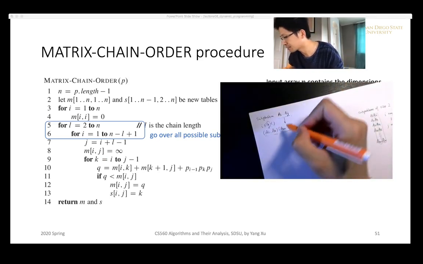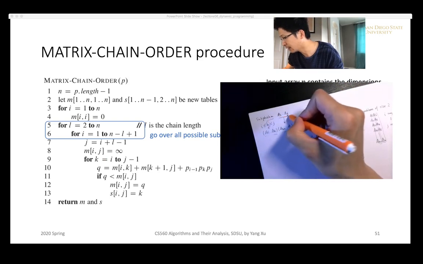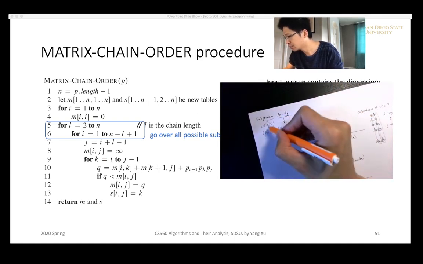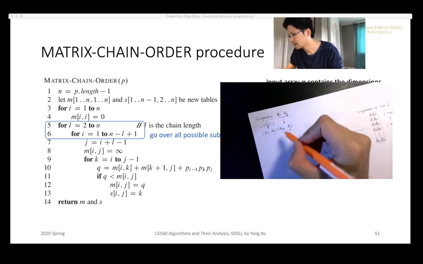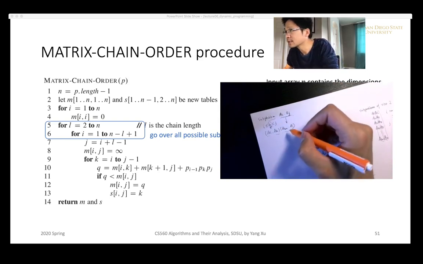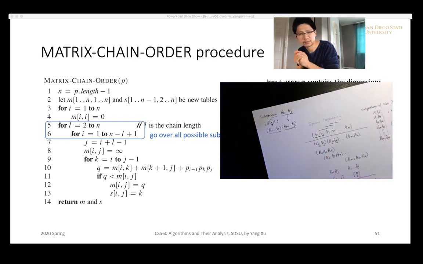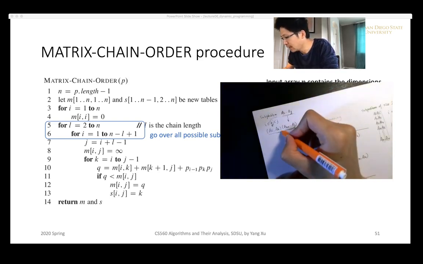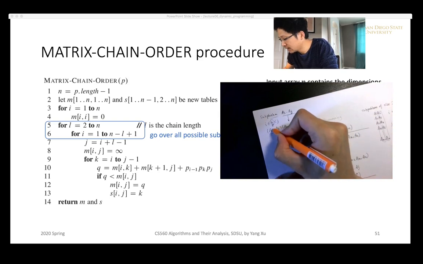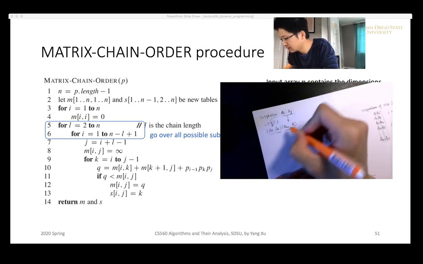In order to solve the subproblem of AI to AJ, we need to choose the K that gives us the smallest number of scalar multiplications. So this K splits AI to AJ, right?